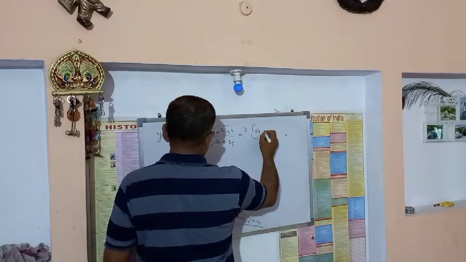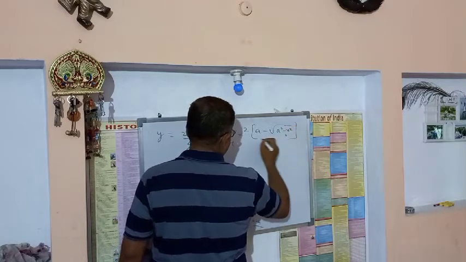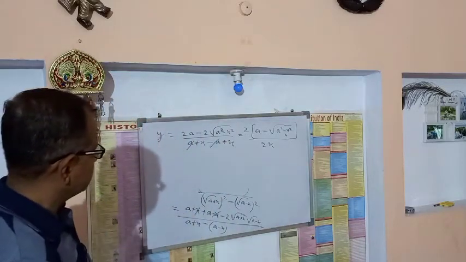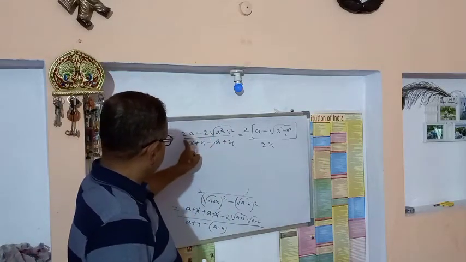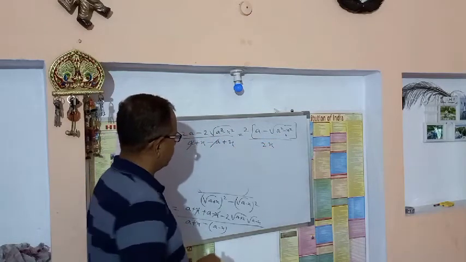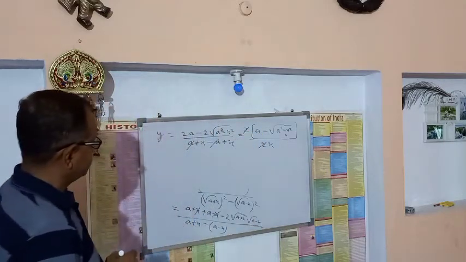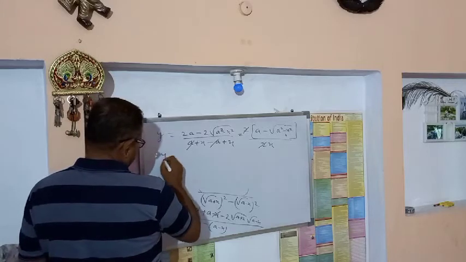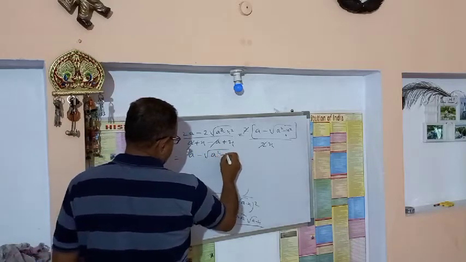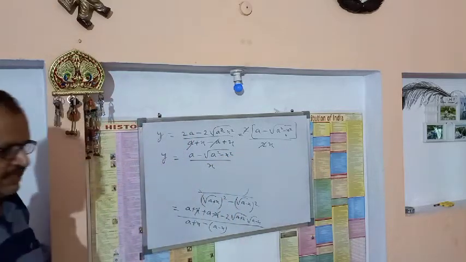So we can get a minus under root a square minus x square upon 2x. Cancel. So we will get y is equal to a minus under root a square minus x square upon x.